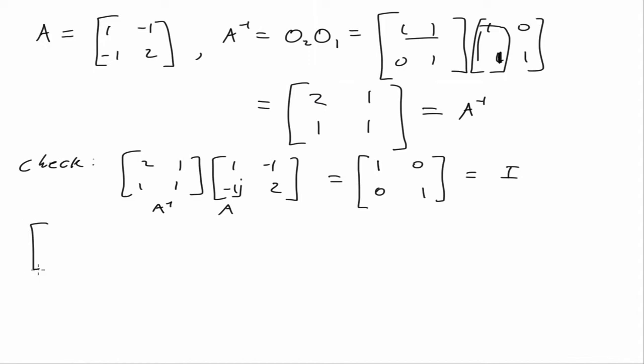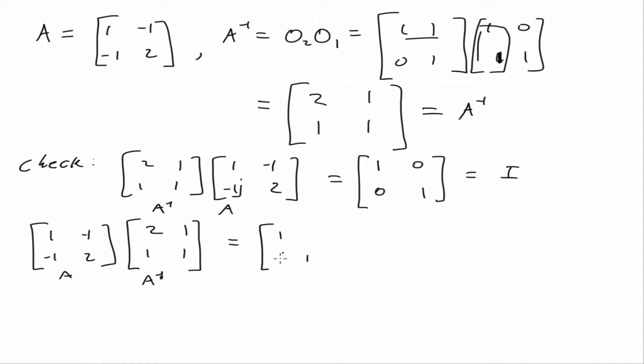I can now check the other way. 1, -1, -1, 2, that's my A, and then put the A inverse, 2, 1, 1, 1. And that will be equal to, and you can check this, 1, 1, and the zeros on the off diagonal.